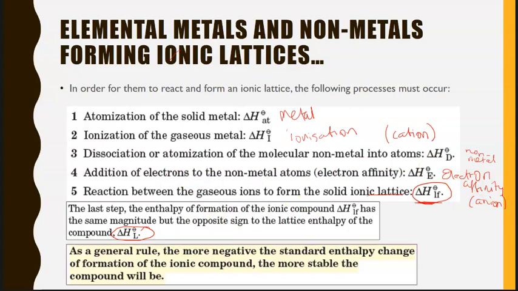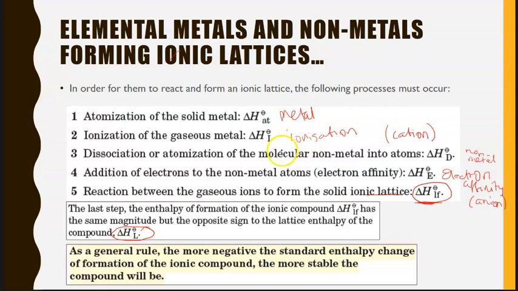Okay, so with these, it's always going to go in the same sort of steps. We need to remember that atomization and ionization are both going to be endothermic processes. Because in order to get single atoms, we're going to have to pull them out of the lattice, and then to form our positive ions, that is an endothermic process.